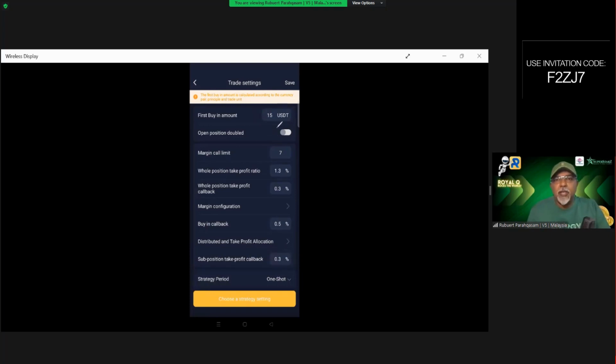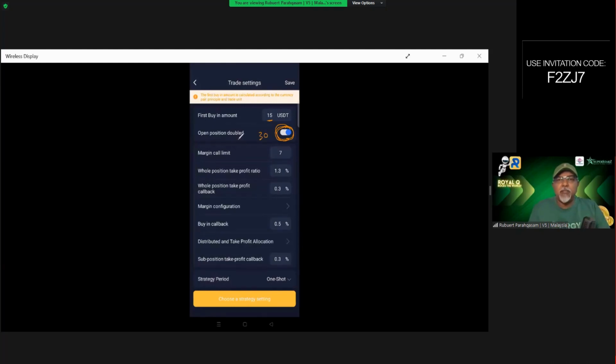Open position double. What is this? If we have set first buy-in amount as 15, and I turn this on, now it is blue. If it is turned on, that means when the robot goes and buys, instead of 15, it will buy double, it will buy 30.